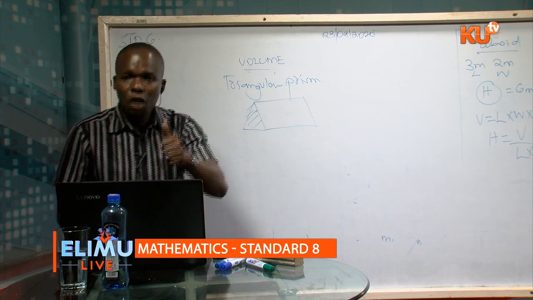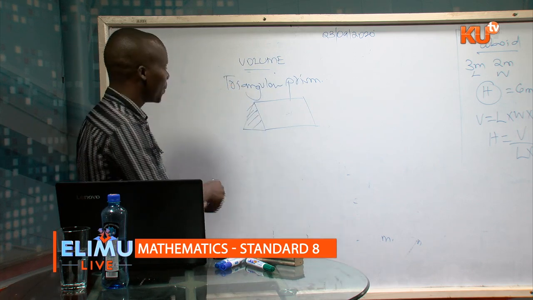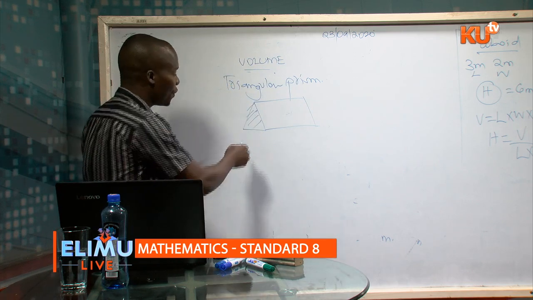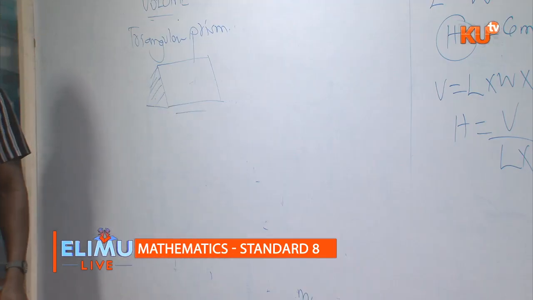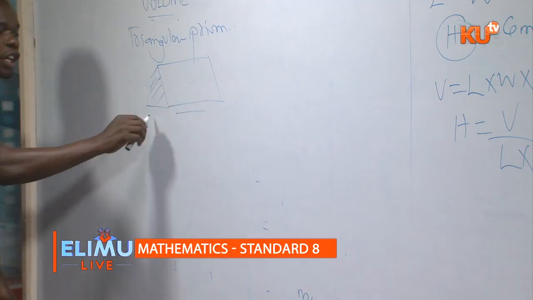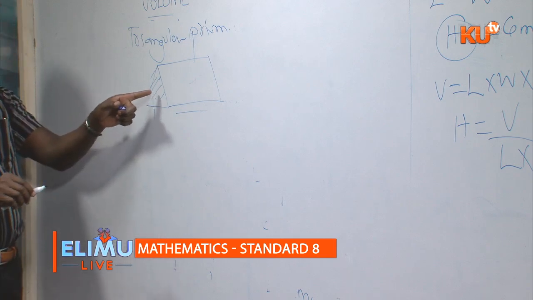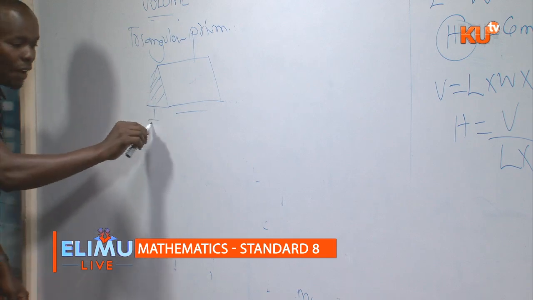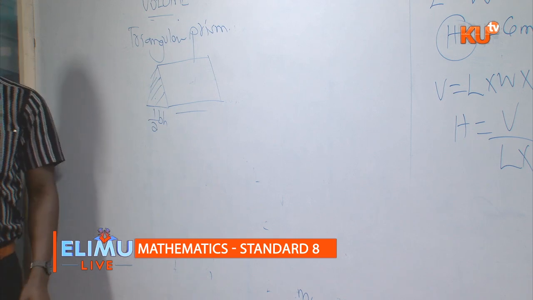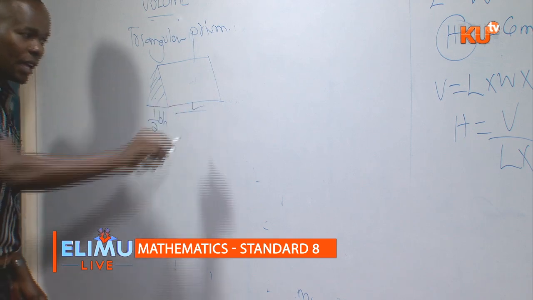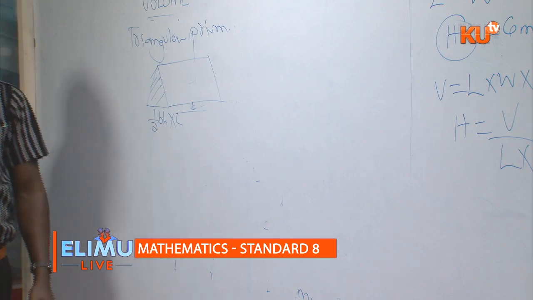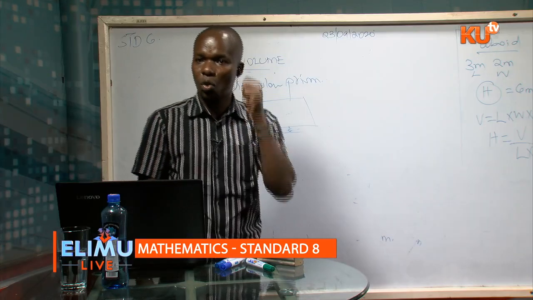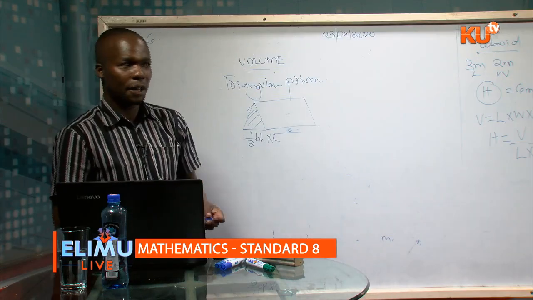And therefore, the volume of the prism is area of the cross section times the length. The area of this triangle is a half base times height, then times its perpendicular, the parallel length, like that. That's it, Michelle, even though it's not class 6 work. But I hope you answered.